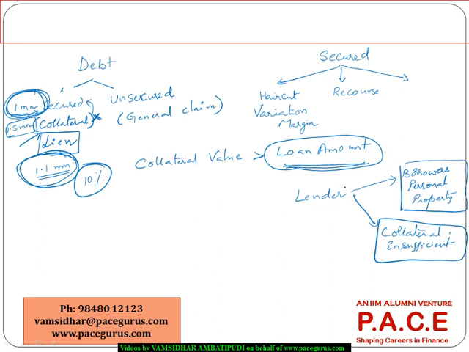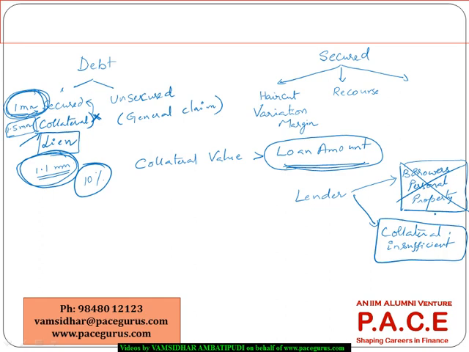Whereas when we talk about a non-recourse loan, this access is not there. Whatever collateral comes up, the settlement has to happen from that collateral itself. Even if the value of the collateral goes down, there is nothing much the lender can do. He has to accept that loss.